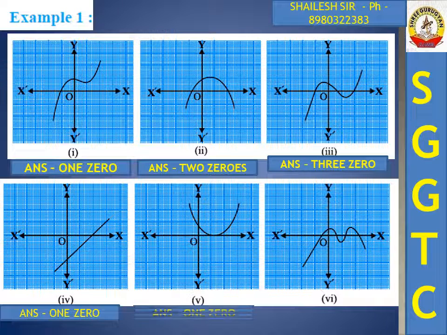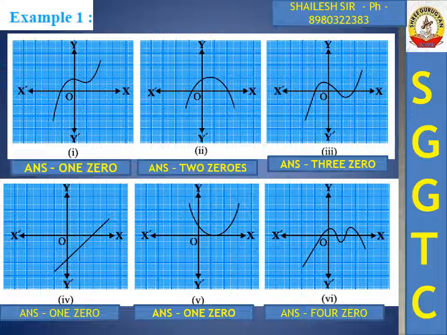That's why here the answer is 1 zero. And in the last figure, the given polynomial graph intersects the x-axis at 1, 2, 3 and 4 distinct points. That's why the answer is 4 zeros.